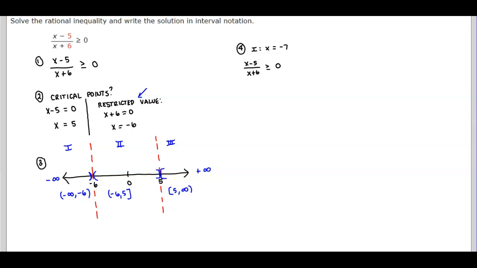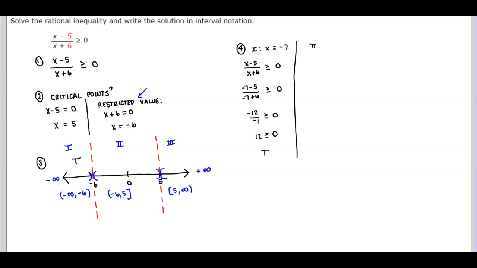So if we plug in negative 7 for x, we get negative 7 minus 5 over negative 7 plus 6. So we get negative 12 over negative 1, which becomes a positive 12. Is positive 12 greater than or equal to 0? Well, that is true, so we know it's true in region 1.